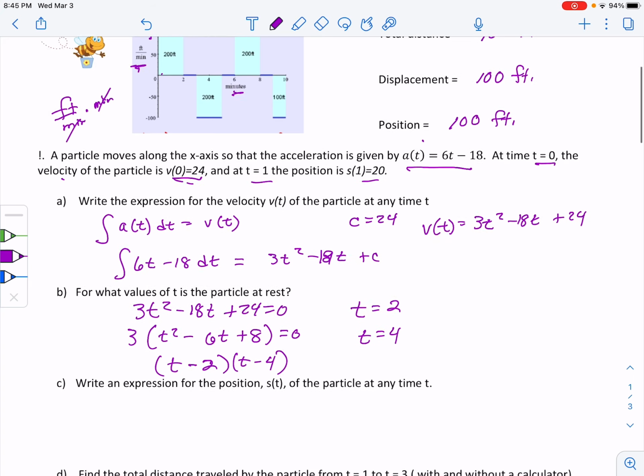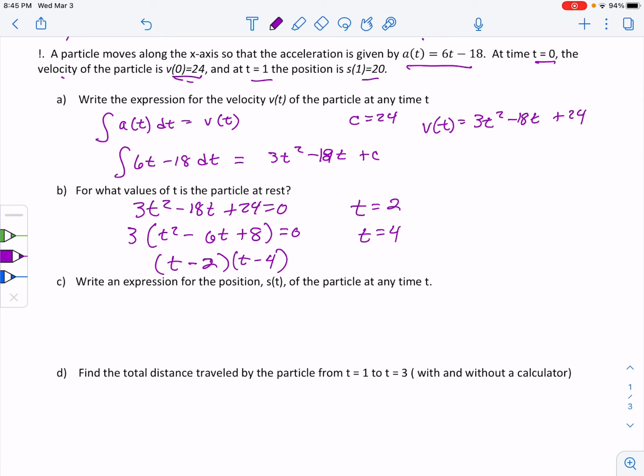Okay, write an expression for the position. You integrate velocity, you get position. So I'm going to integrate 3t squared minus 18t plus 24. And I get t cubed minus 9t squared, because I add to it and you divide by it.